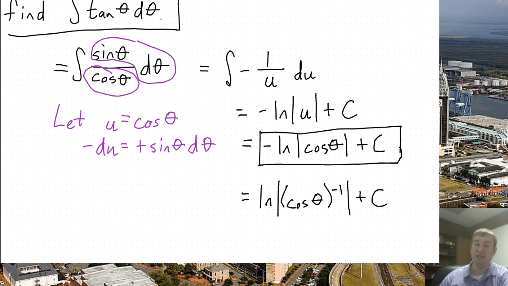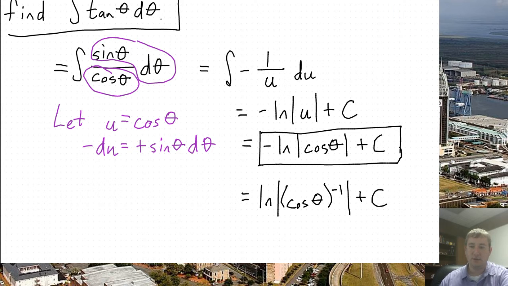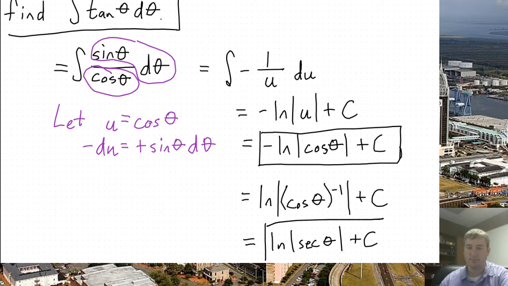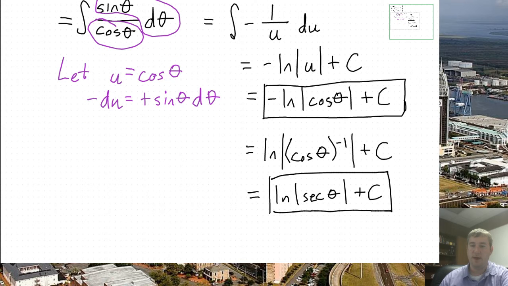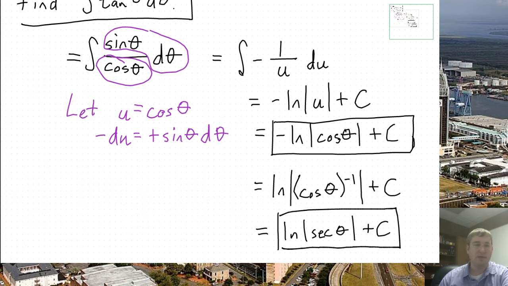This is the multiplicative inverse of cosine, that's 1 over cosine, better known as secant. So the other, perhaps more common formula is the natural log absolute value of secant theta plus c. That gives us perhaps a nicer formula. It has a little fewer negatives in it, I suppose. All right, so there we have it.